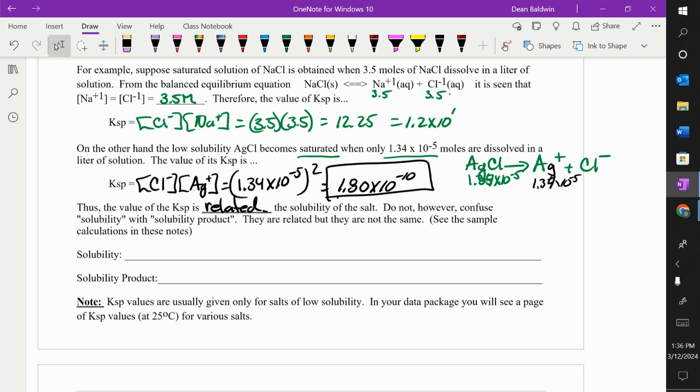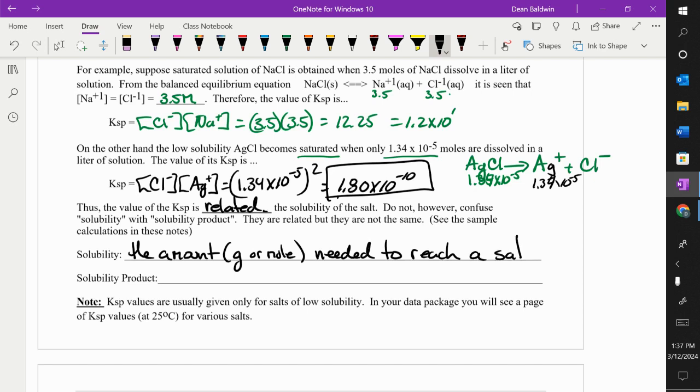So solubility will be the amount, whether it's grams or moles, to reach or produce a saturated solution.